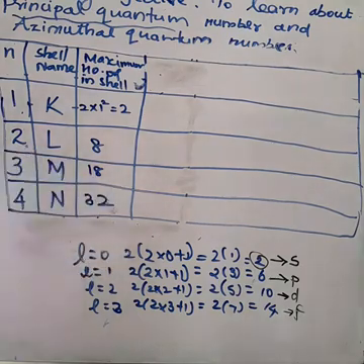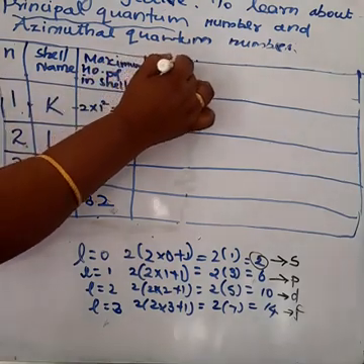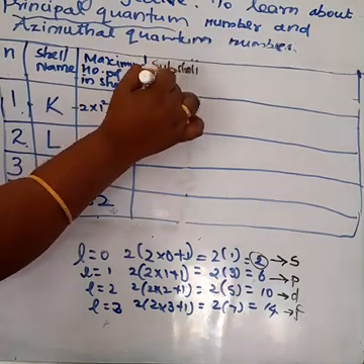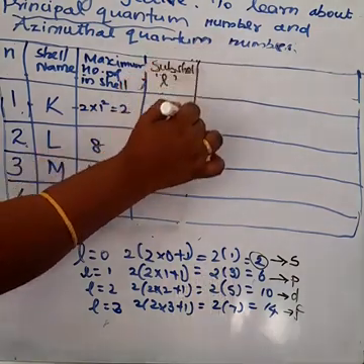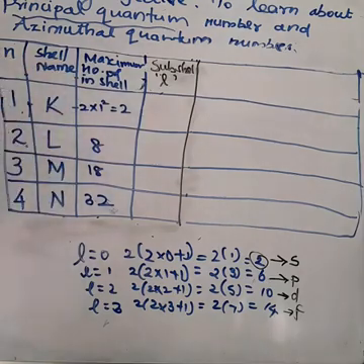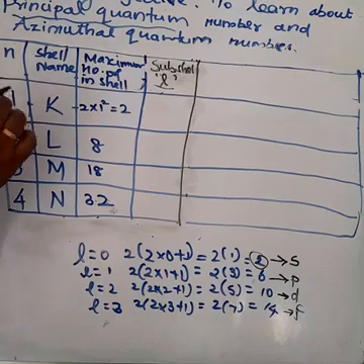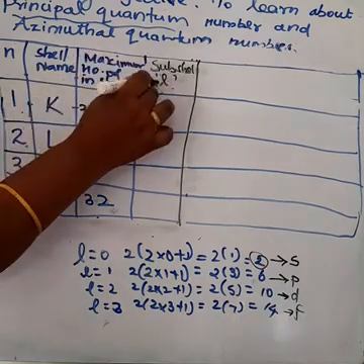And then what about the subshell? The subshell is denoted by the symbol L. And here, how will you write the n value? When n is equal to 1, the value of L we can start from 0 onwards.